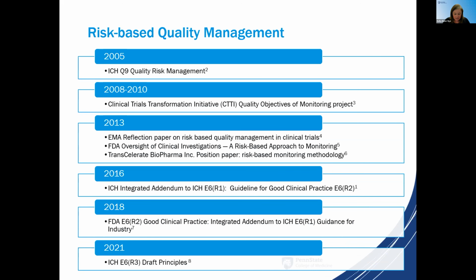In this project, they reviewed the current practices of monitoring, the key quality objectives of monitoring, and the qualitative assessment of monitoring techniques. Representatives from a variety of organizations involved in clinical research were asked to share their perspectives on the key objectives of monitoring.